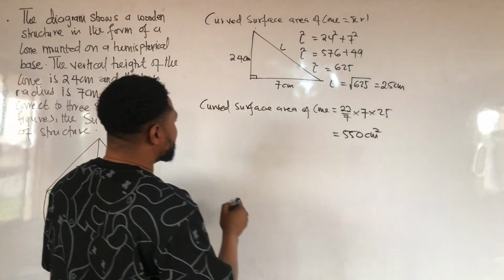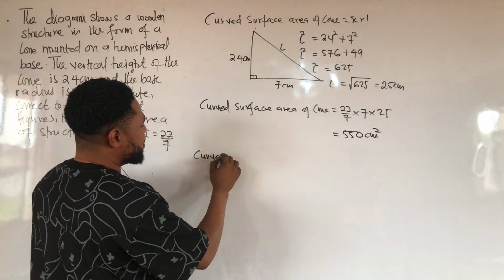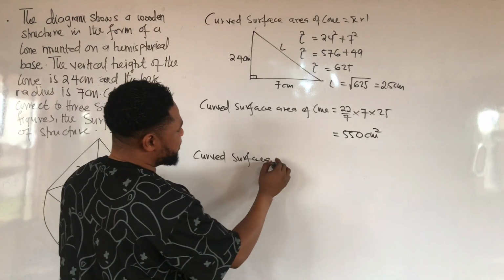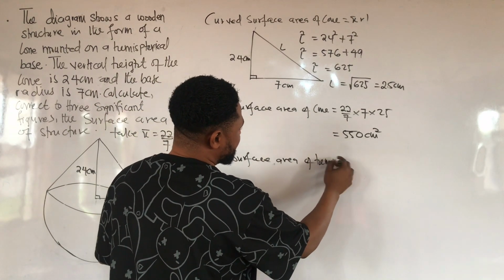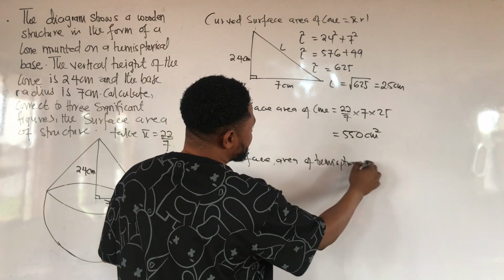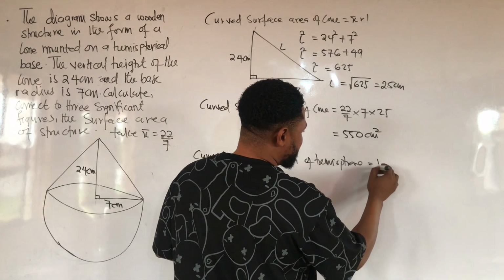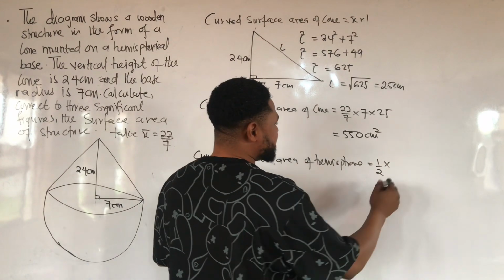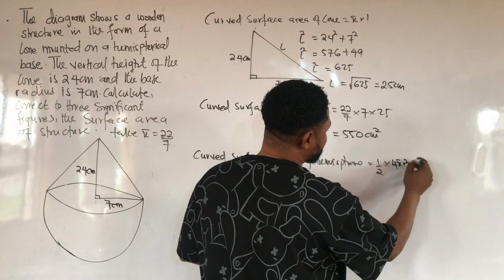Now let us also look for the curved surface area of the hemisphere. The curved surface area of the hemisphere is mathematically given as 1 over 2 multiplying the surface area of a sphere, which is 4 pi r squared.